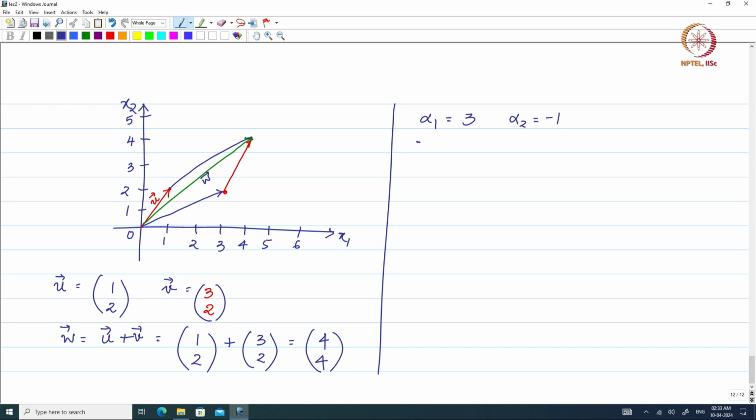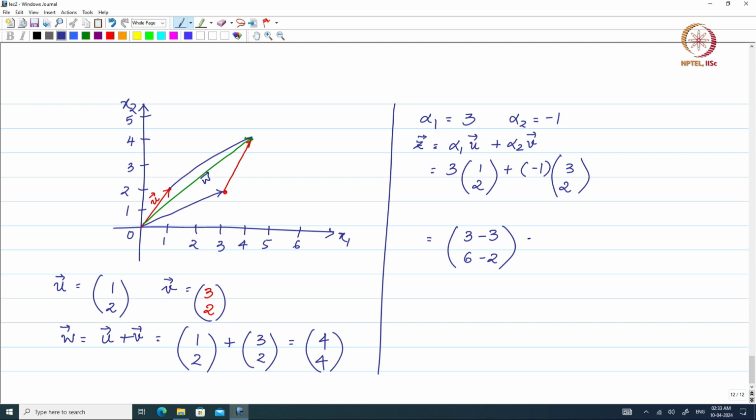So, I have the z vector equal to alpha 1 into the u vector plus alpha 2 into the v vector, which is 3 into 1, 2 plus minus 1 into 3, 2. That is interesting. I am going to get a vector which is 3 minus 3 and 6 minus 2. So, I am going to get the vector 0, 4, and that lies on your x2 axis. So, that is going to be the combination.